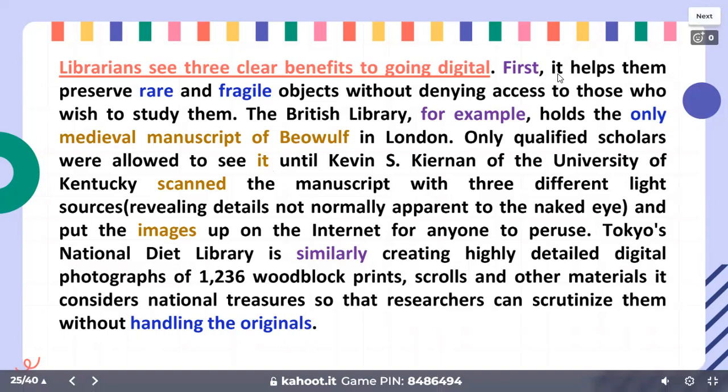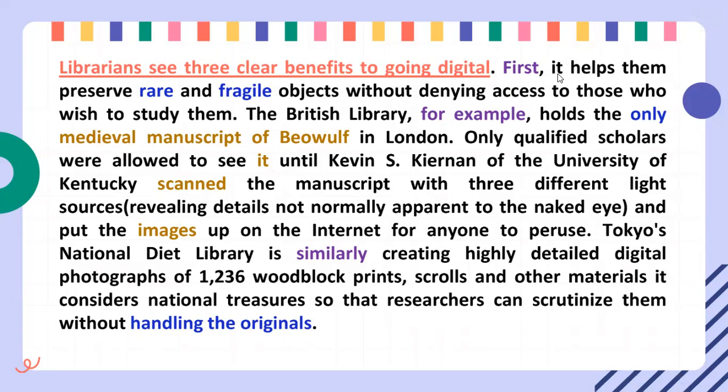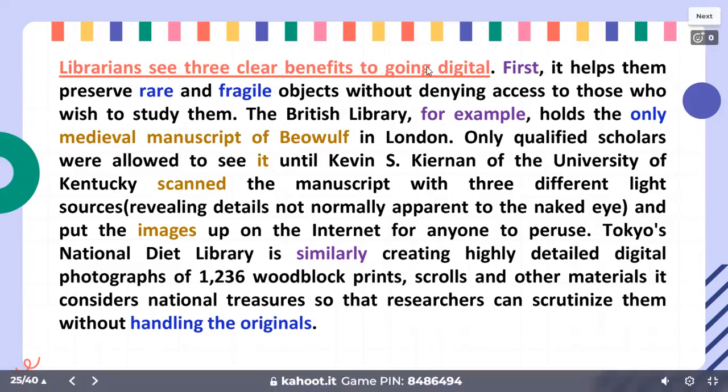What does it refer to? Going digital. Yes, going digital. It means first, going digital helps. This is a pronoun reference. It refers back to going digital, and it doesn't refer to the benefits, because the benefits is plural, so normally it should be they.